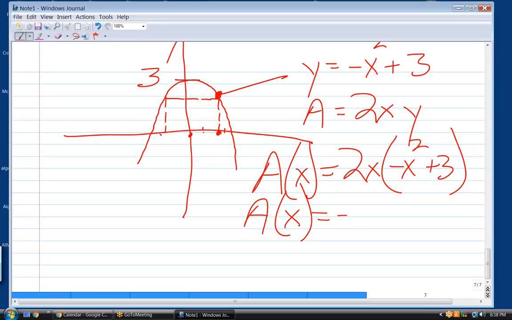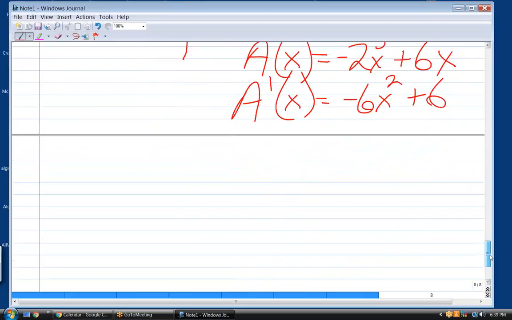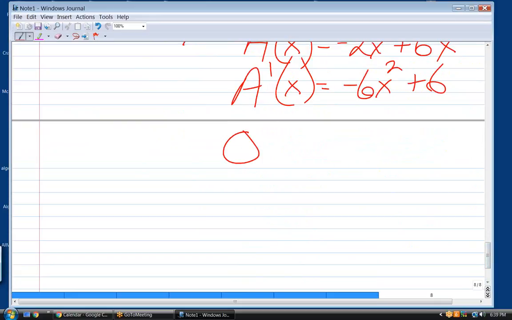Negative 2x cubed plus 6x. Take the first derivative of it. Negative 6x squared plus 6. Set the derivative to 0 and solve.